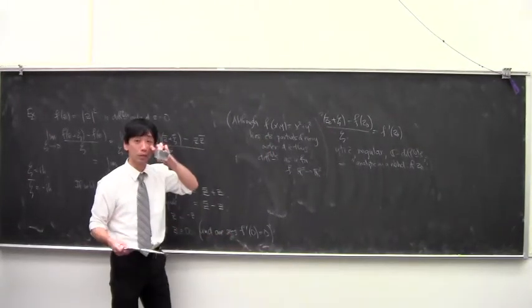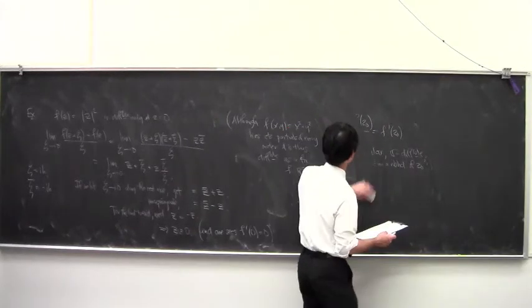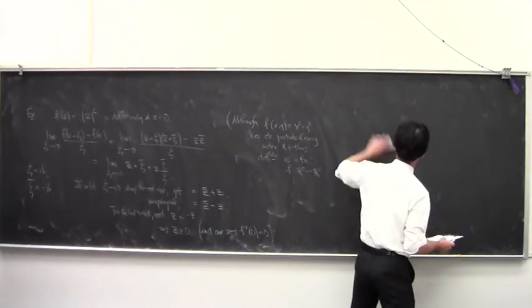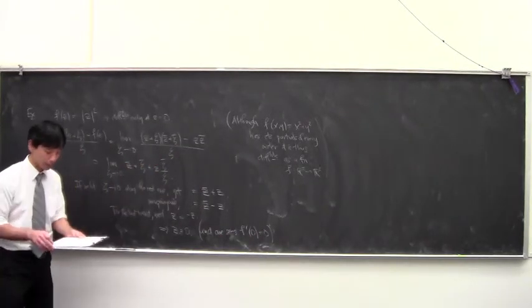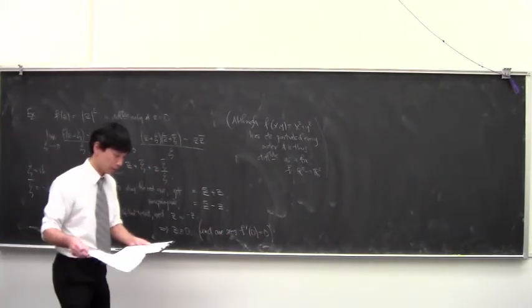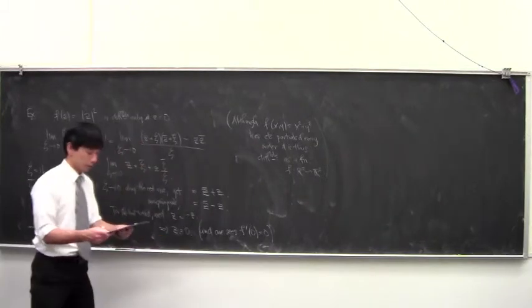So as a function from R2 to R2, this actually is a differentiable function. But as a complex function, it's not differentiable, except at the origin.